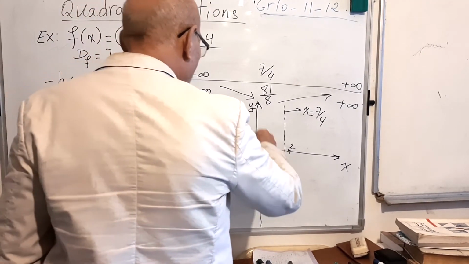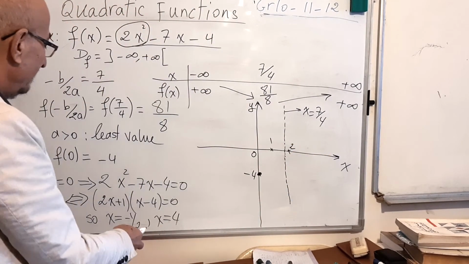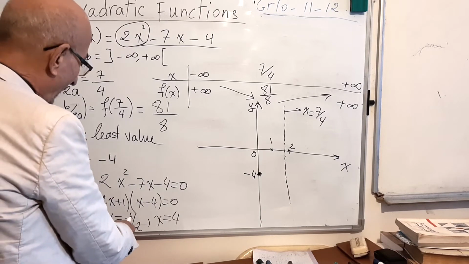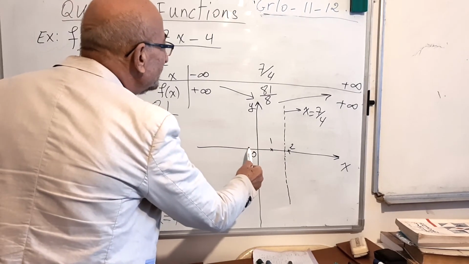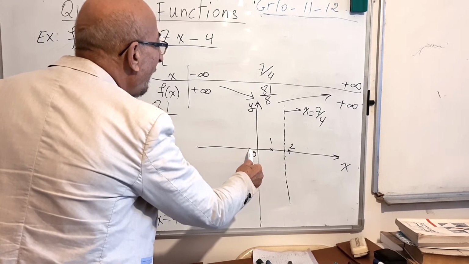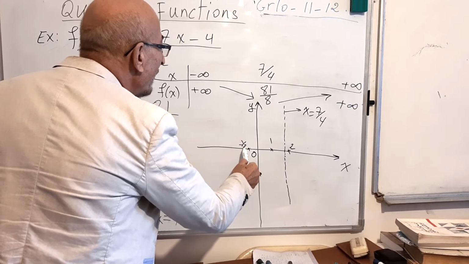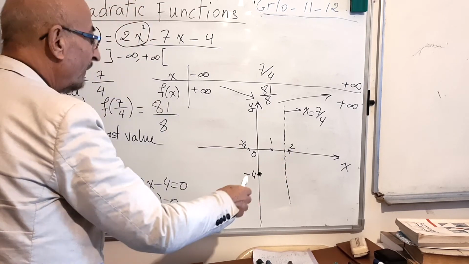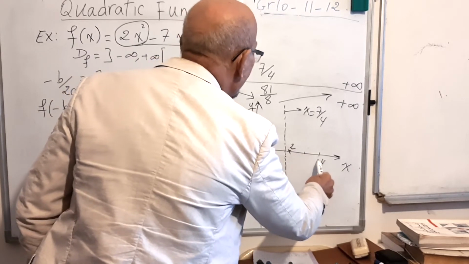The intersections between the curve and the x-axis are the points x equal minus half and x equal 4.